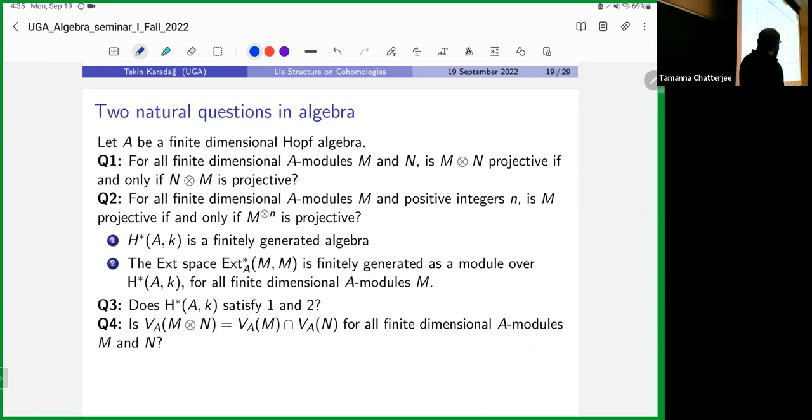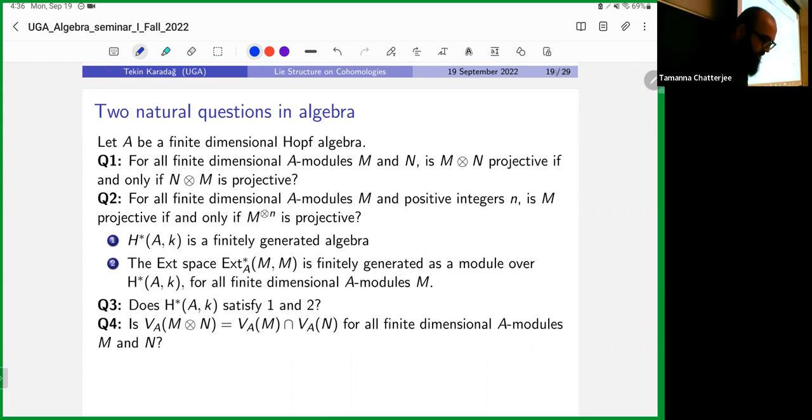Sarah Witherspoon, Chris Nagle, and a couple of other professors in homological algebra investigated some of the cases. For example, if your answer to question 3 and question 4 is yes, then the answer to question 1 and question 2 is yes. So there are some good relations between those questions.